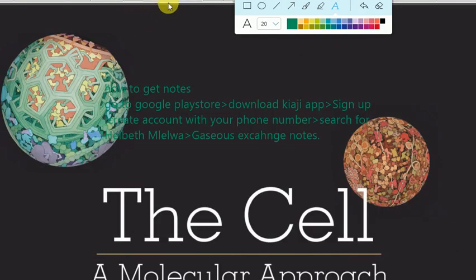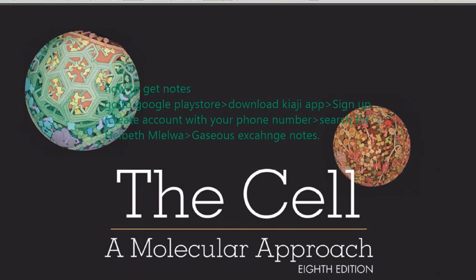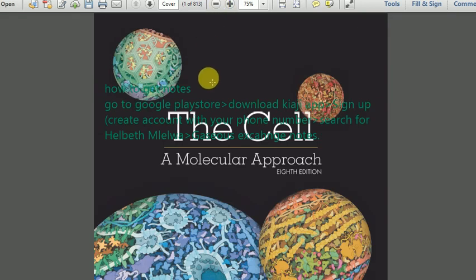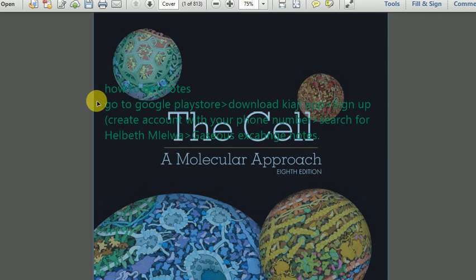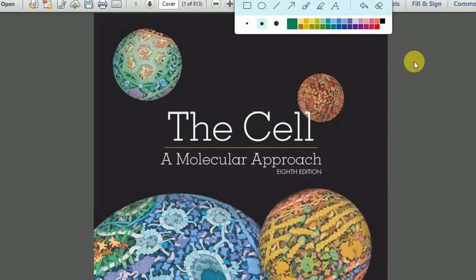Now this is how the book appears. So this is how the book looks like.